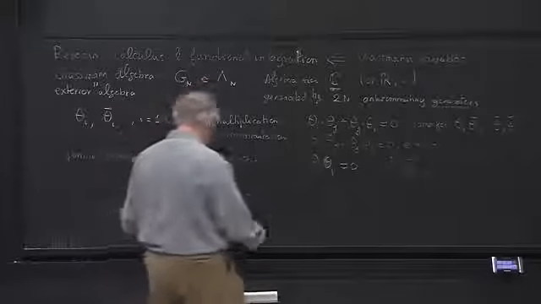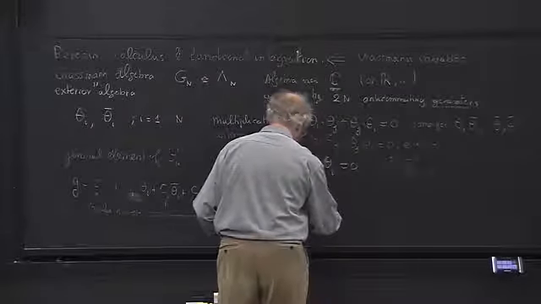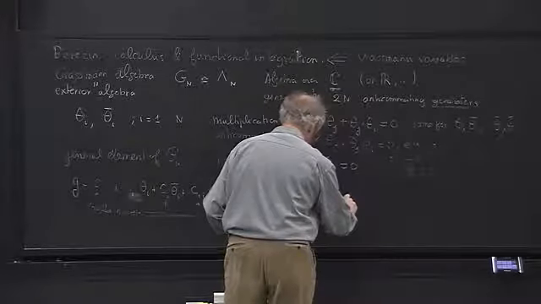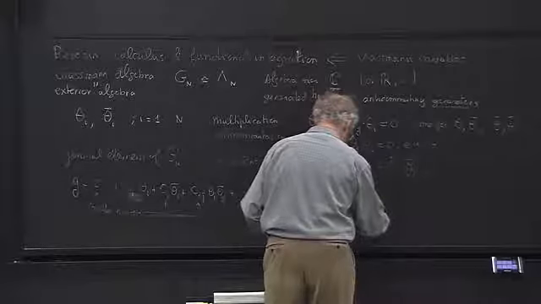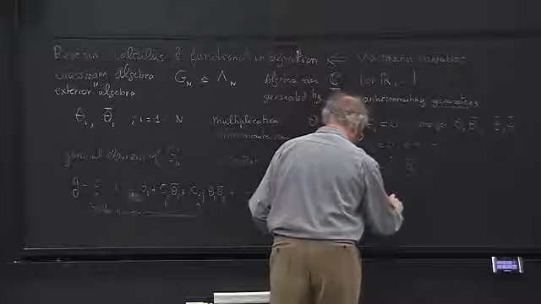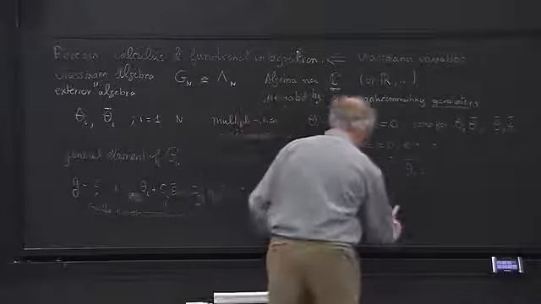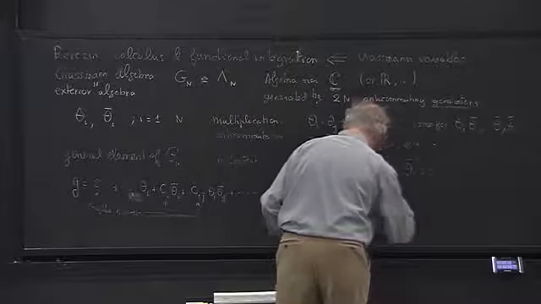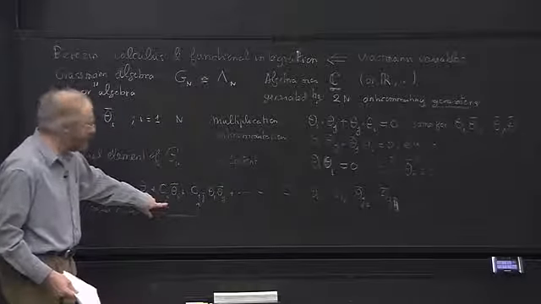So the general term will be some C times theta I1 ... theta Ik times theta bar G1 ... theta bar Gh, let us say, because you may have a different number of thetas and theta bars.